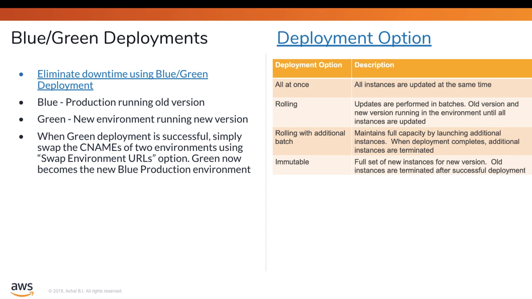And slowly we move all the traffic or requests to the new version, that is the green deployment. When the green deployment in Elastic Beanstalk is successful, simply they swap the CNAME of the two different environments using the swap environment URLs option. So green now becomes the new blue production environment.